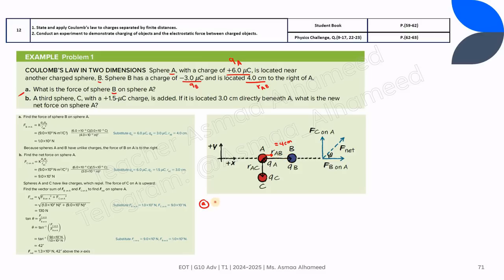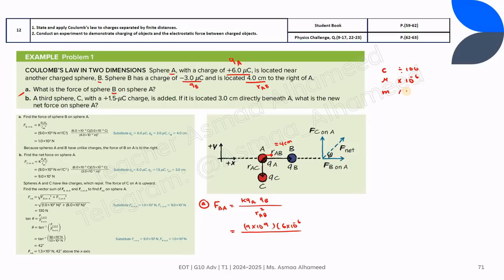Now in part A we will calculate force of B that is affecting A, and this will be equal to K QA QB divided by the distance AB squared. Now we substitute with the numbers. We have 9 times 10 to power 9 times the first Q is 6 times 10 to power minus 6. Of course you need to know what are the converters. When you have C you divide by 100. When you have mu you multiply by 10 to power minus 6.